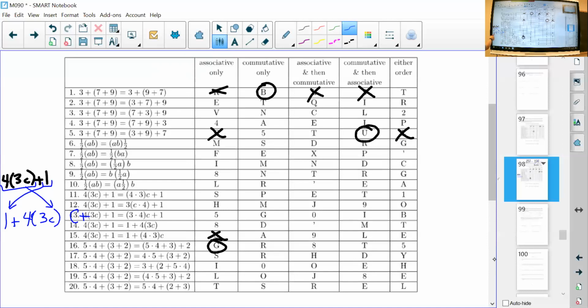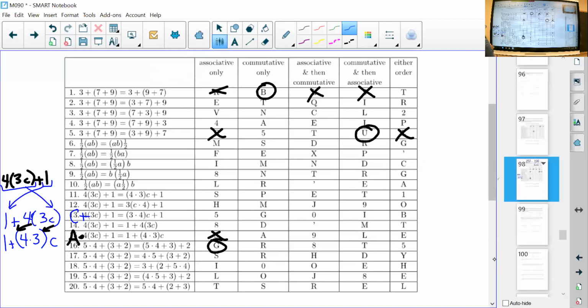I want 1 plus 4 times 3 times c. Easy enough. 1 plus 4 times 3 times c. I move my parentheses. And doing that was just parentheses, so that's associative, grouping. We're moving them around some multiplication dots.